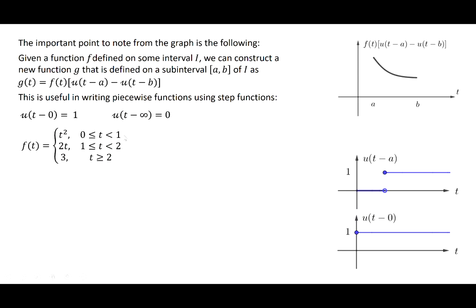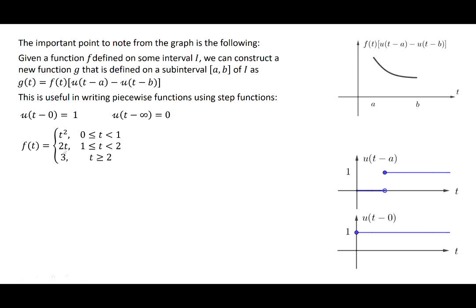This piece of that curve, this portion in the piecewise function, we can replace that with t square times u of t minus 0 minus u of t minus 1. As simple as that, folks. Cool. Now, what about this piece of the curve defined on the subinterval 1 to 2?